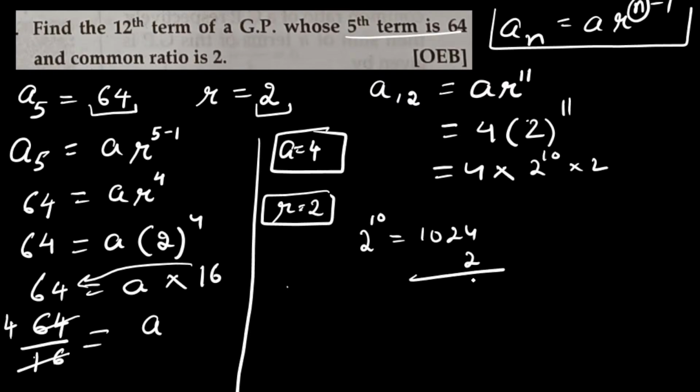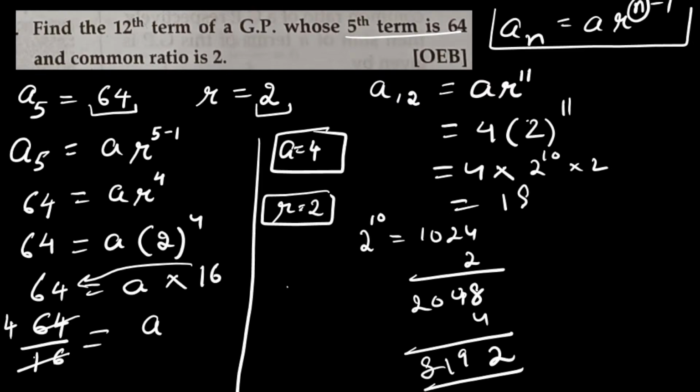If I multiply this, 2 into 4 is 8, and further I have to multiply this with 4. So 4 into 8 is 32. Yes, so this is the answer: 8,192. You just have to multiply and you'll be getting the answer.